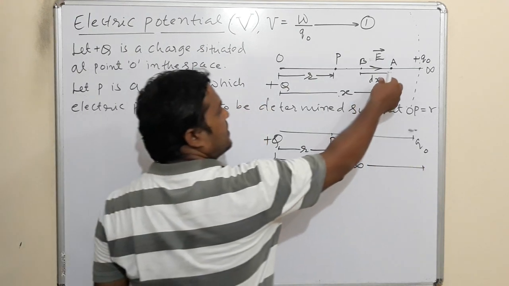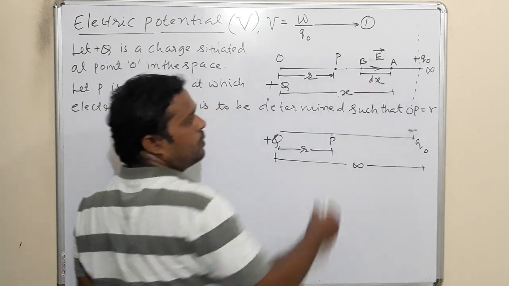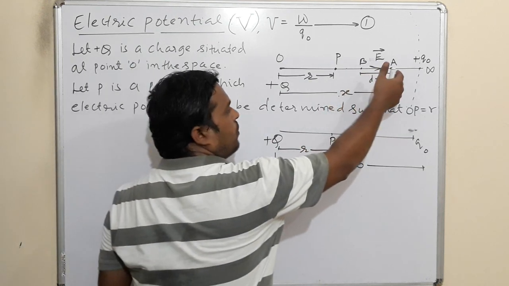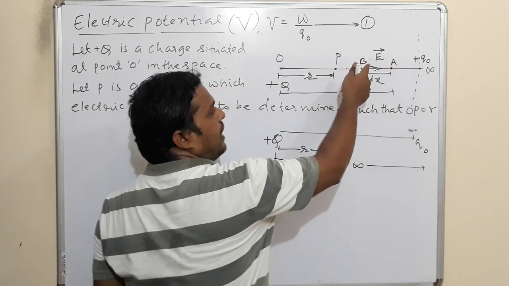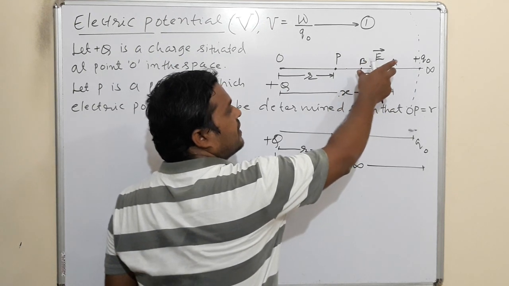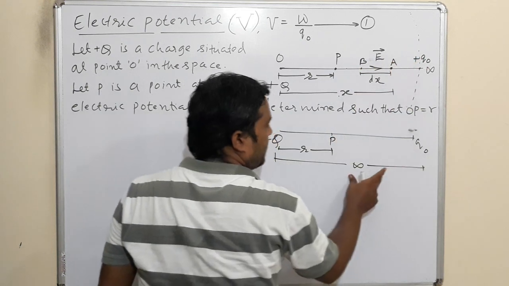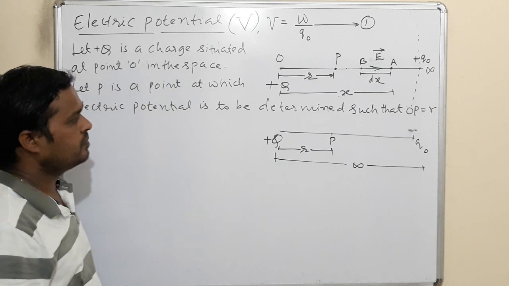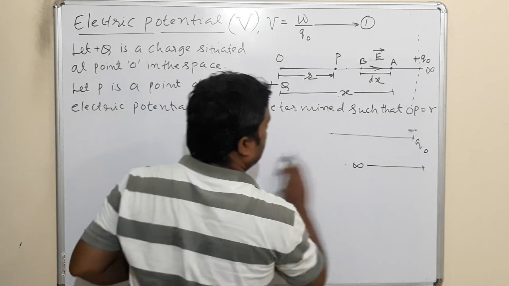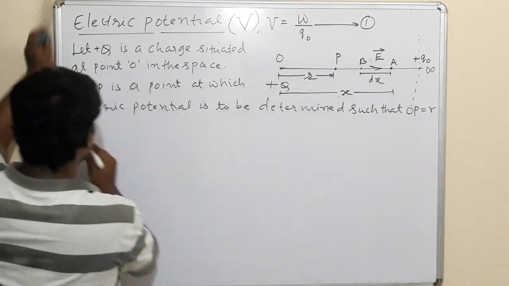First let me reduce this distance by a small amount dx and calculate the work done in bringing the charge from A to B. Then I will integrate this work done over these distance limits to get the total work done.